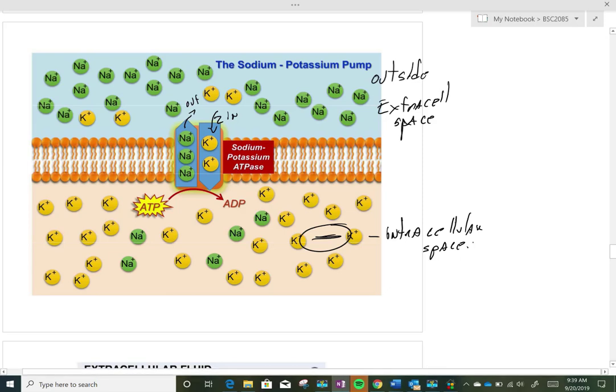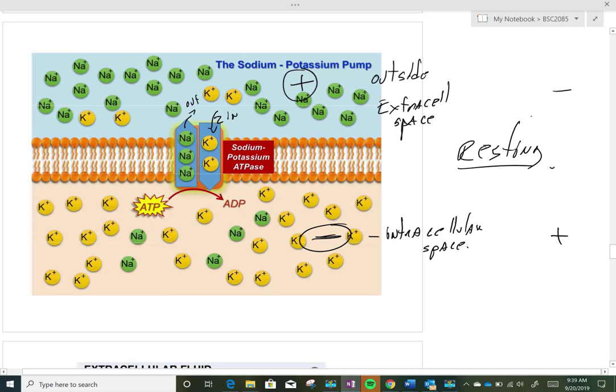We want to have this because after you send the electrical impulse across the membrane, you want to have negative inside and positive outside, because this is your resting state. If you don't have this, if it's opposite, it will be positive and negative, right? This, we call depolarization. And that's when you send an electrical impulse. Okay? So you need that resting state for it to send the impulse later on.